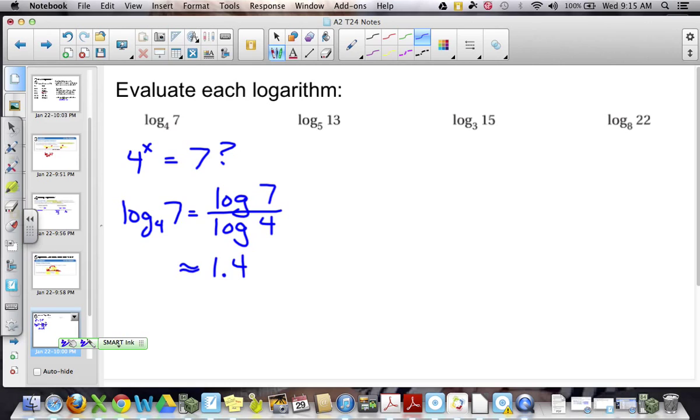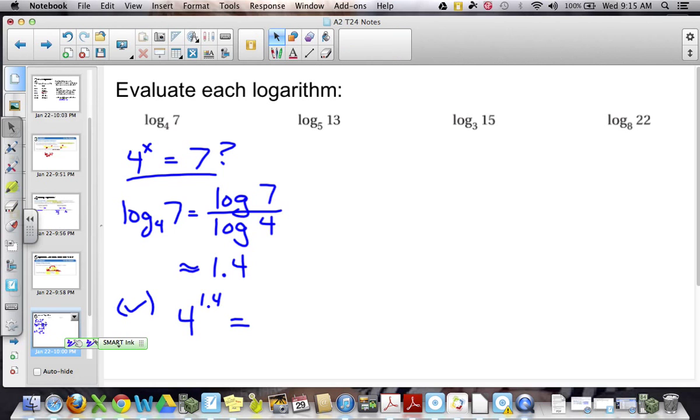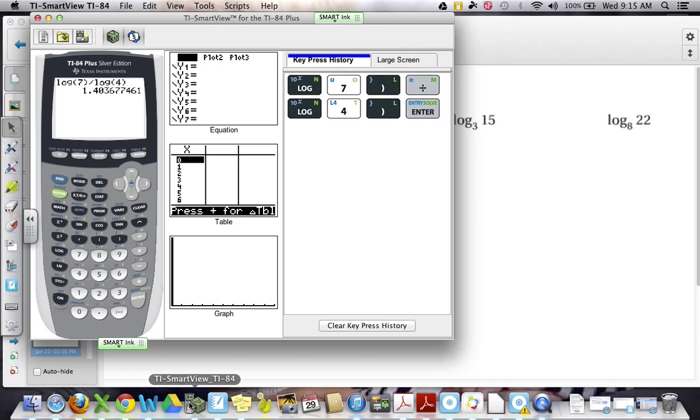Now, if we go back to the original question, 4 to the x equals 7, 4 to what power is equal to 7? We can always check our answers here. We do 4 to the 1.4 power. Does that equal 7? Let's try it with our calculator again. Remember, we rounded, it wasn't exactly 1.4.